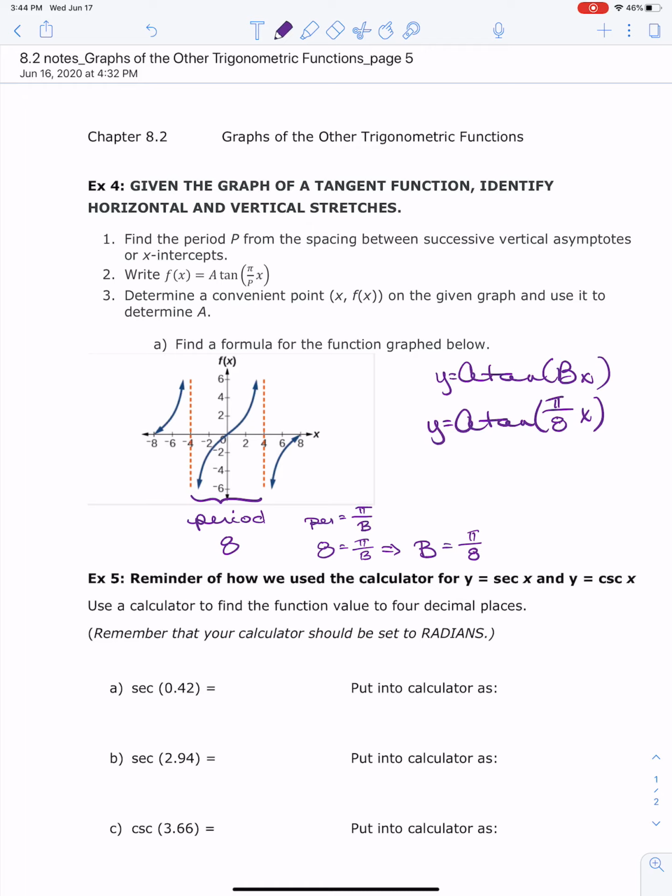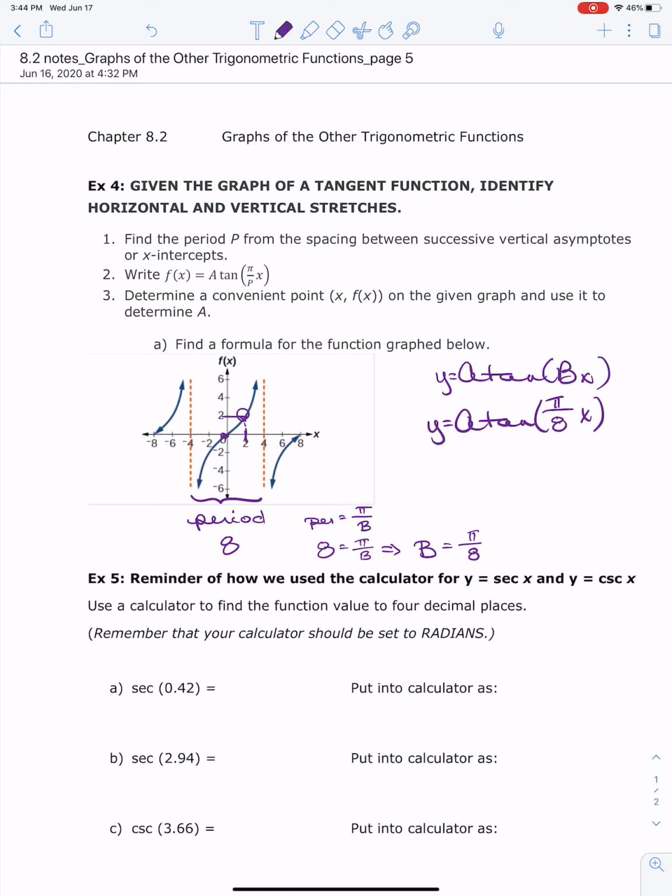And so now we need to find the a. We've got this centered at 0, 0, 4 to each asymptote, so halfway there is 2. We're looking for what our y is when x equals 2.